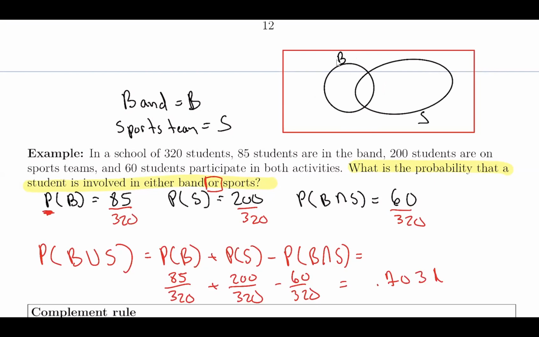If you notice right here, I have B and I have this circle, and then I have S, and I have this oval. So if you look at the two of them, which one's bigger, my B or my S? Cool. Why do you think S is bigger? Yeah, cool. Perfect. More students play sports.